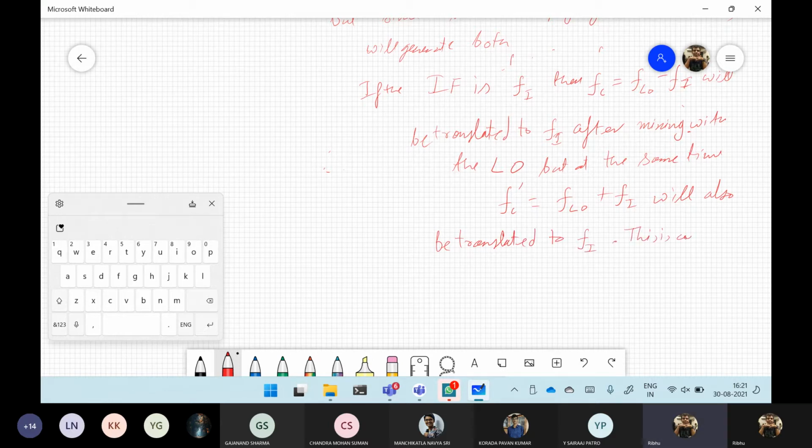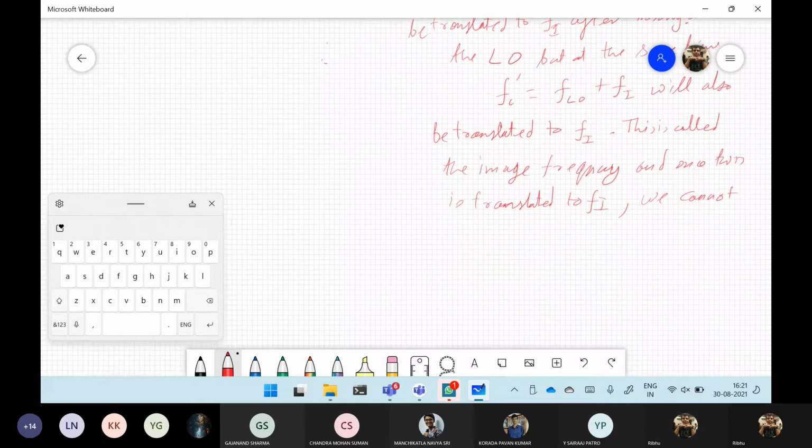This is called the image frequency, and once this is translated to Fi, we cannot get rid of this.